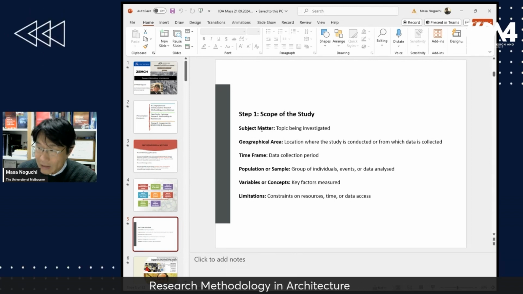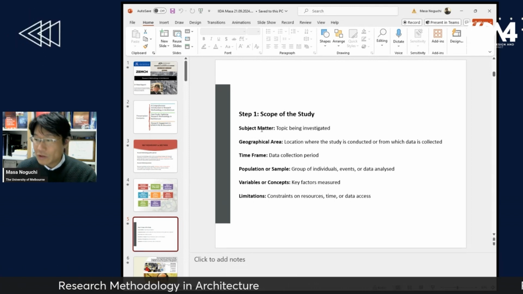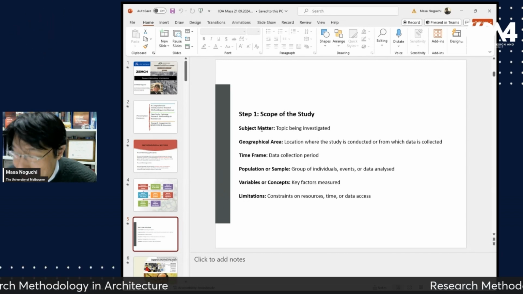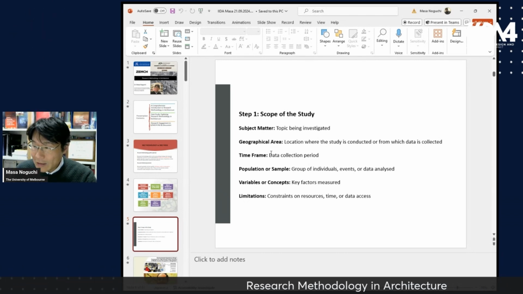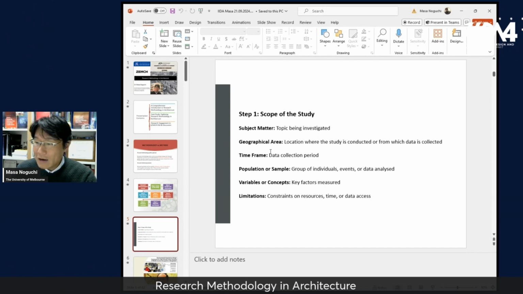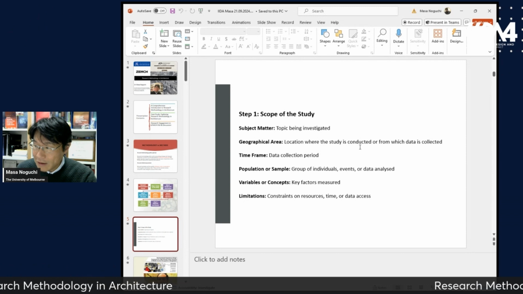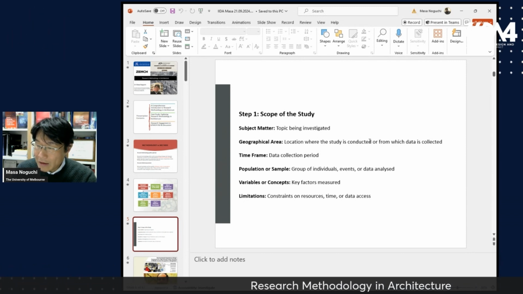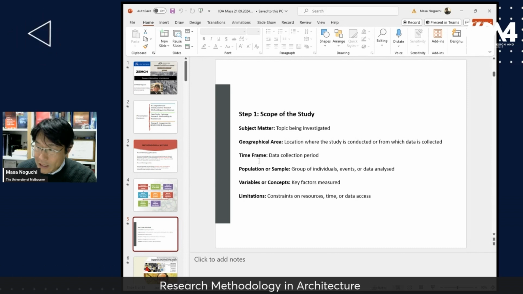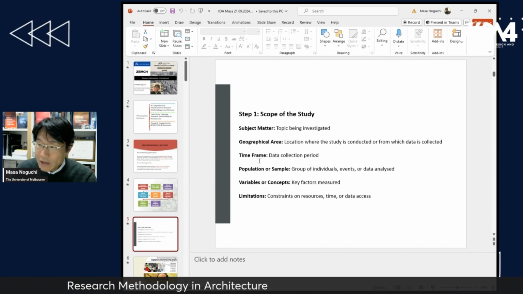So scoping is which area you want to step in. We should also consider geographical information, the locations where the study is conducted, or where the data came from. And we need to consider the time frame when the data is collected.